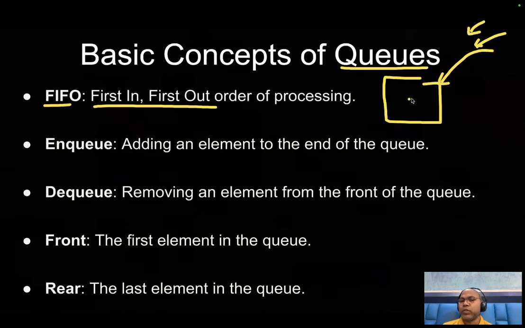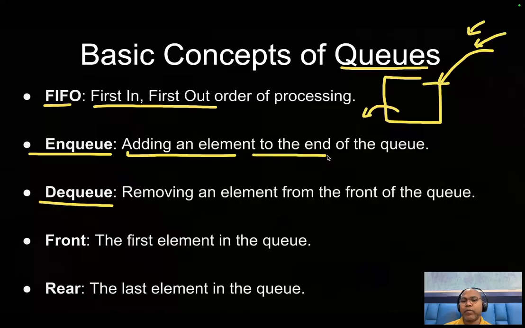So when someone wants to get an element, the element that came first, was stored first, is going out first. Now these are some terminologies in the queue. Generally we talk about enqueue and dequeue. Enqueue stands for adding an element to the end of the queue. Dequeue means removing an element from the front of the queue.